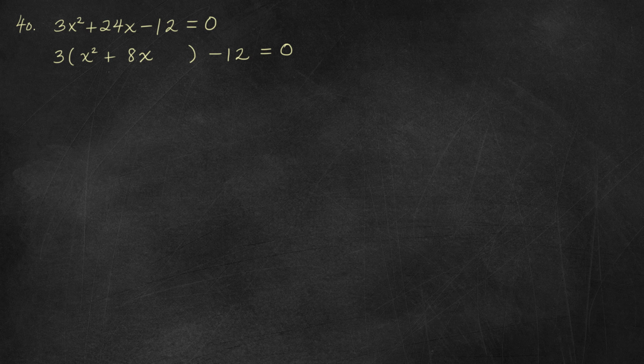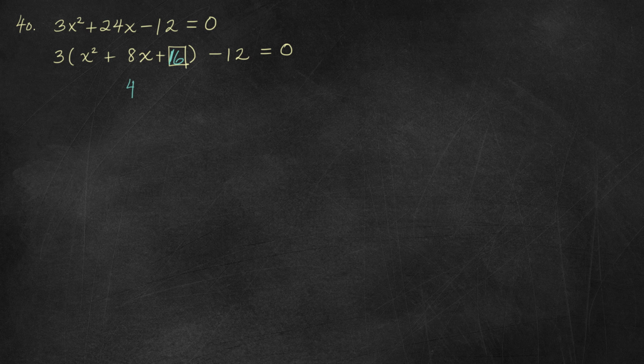I'm trying to create a perfect square out of x squared plus 8x. So there is some constant that I need to add here to make this a perfect square. And that is going to be half of the middle coefficient, which is 4, squared. So 16. 16 is that magic number that I have to add in here to make this a perfect square.